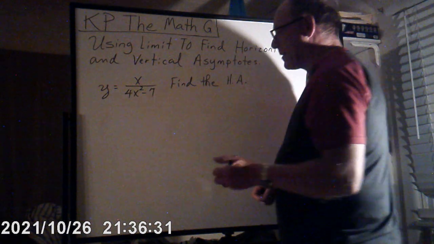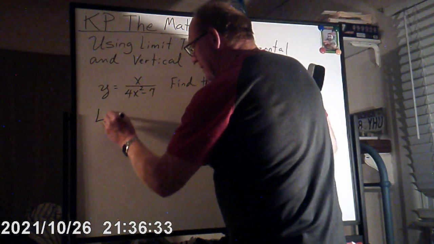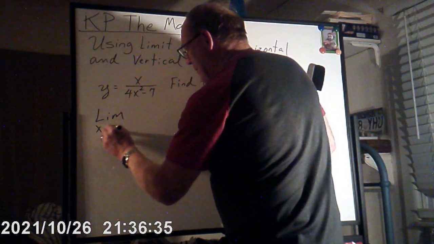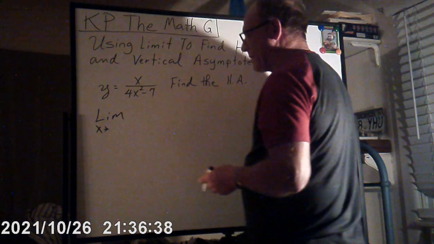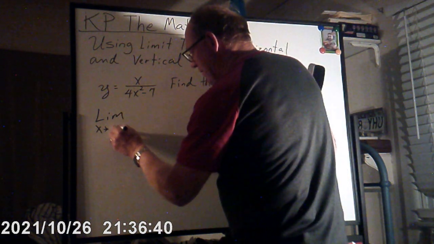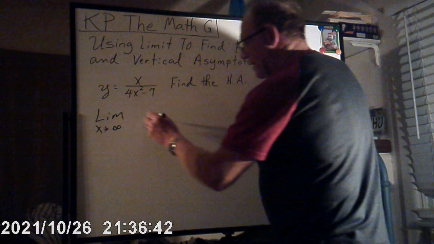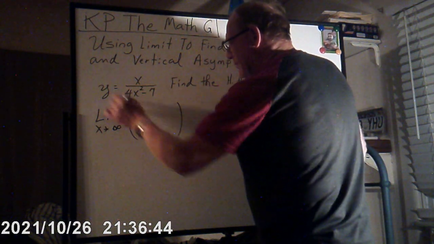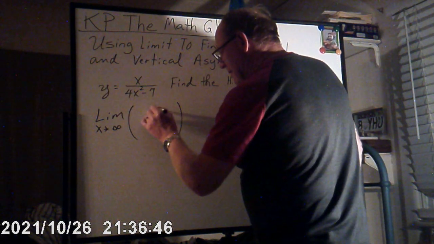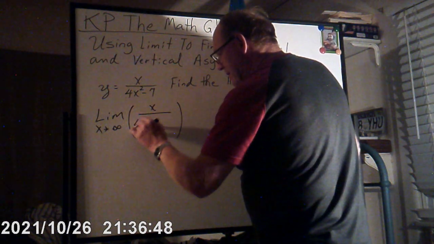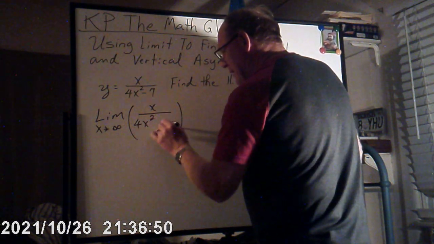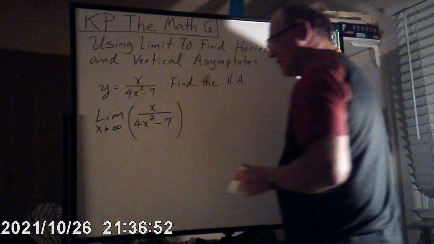Okay, let's look at this. The limit as x approaches, let's just do positive infinity. It doesn't matter. We're going to take this function, y equals x over 4x squared minus 7.